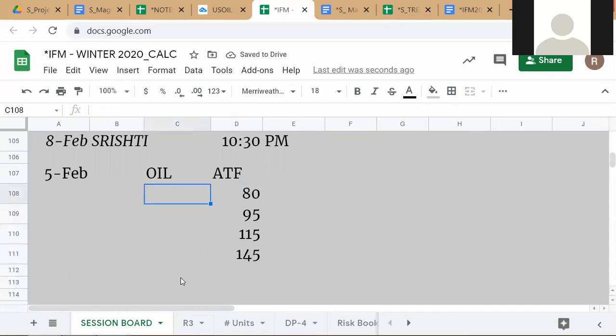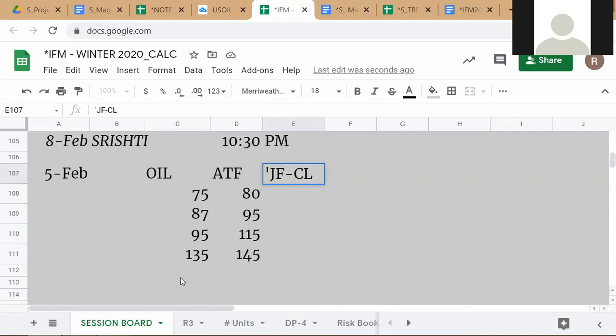And oil prices are, let's say, 75, then 87, 95, 135. So then we define the spread as JF minus CL, and we can also define the spread the other way. This is what you're saying, right, Srishti? Yes, sir. Okay, let's do the exercise also. I was also wondering how it will look. I just generally prefer the JF minus CL.